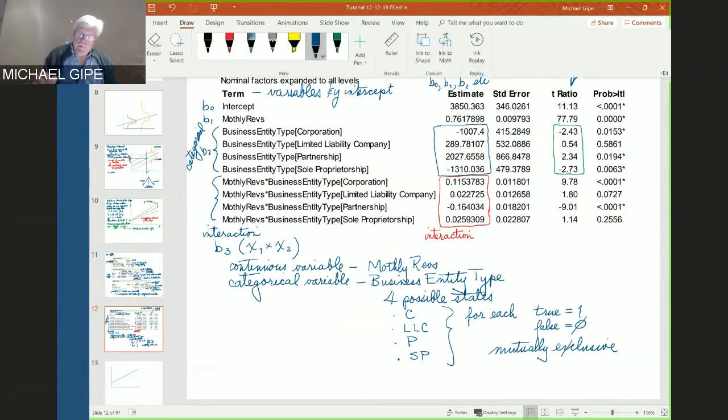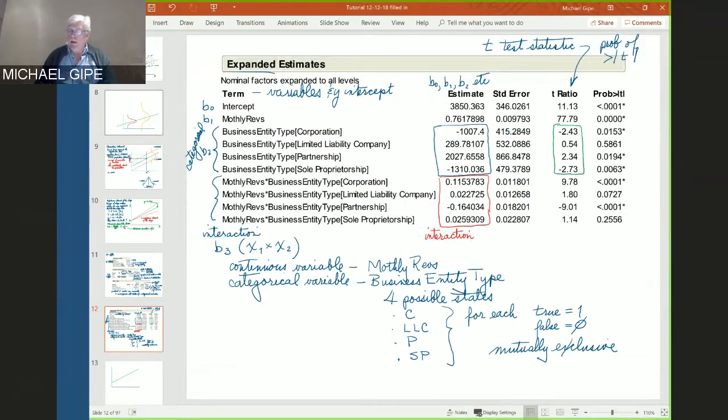Now, something to remember when you're building the model and trying to, say, predict the value of Y, in a case where the categorical has more than 2 possible states, true, that is, if that state is the active state for that particular data observation, is 1 and false is 0. But if we have a categorical with only 2 levels, it's a little different story in JMP.